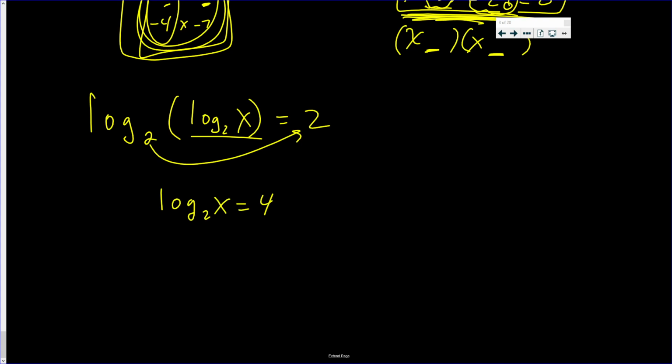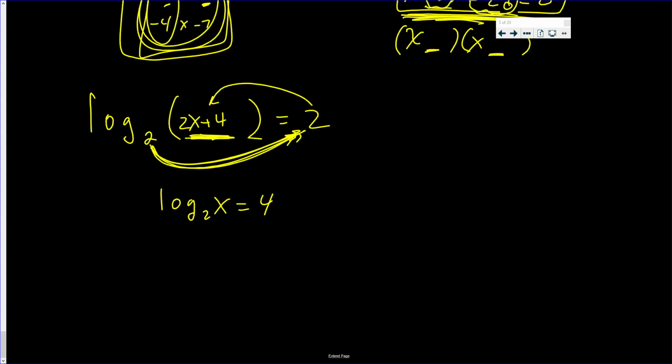Okay? Doesn't matter what this equals. If I call this x plus 1, it has to equal 4. If I called it x plus 4, 2 squared, 4, has to equal this. If I called it 2x plus 4, 2 squared, which is 4, equals 2x plus 4.